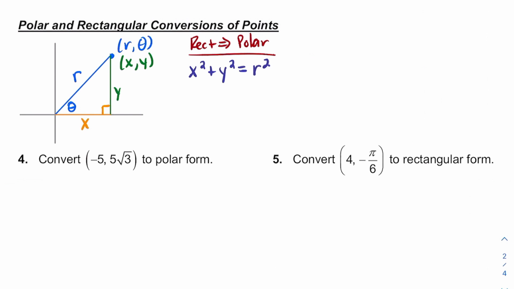So if I wanted to use this to solve for r, that means that r is equal to the square root of x squared plus y squared. And this is actually going to end up being one of our first formulas. If I know x and y, I can plug that into this formula and it will help me know the radius of this polar coordinate.